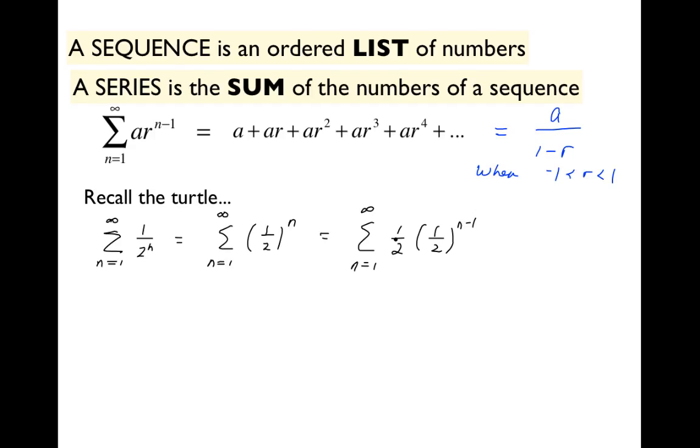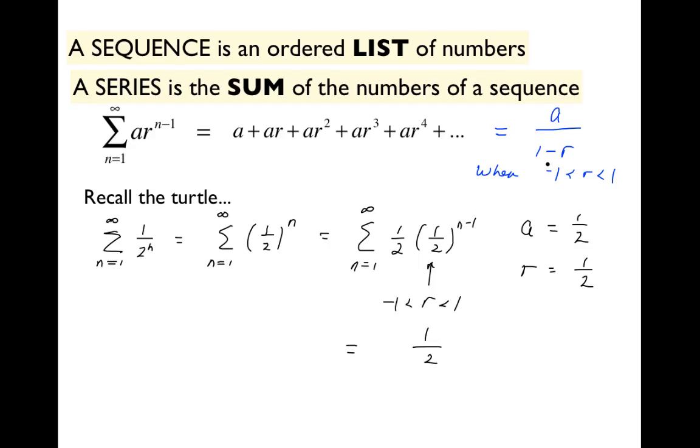Okay. Now is this of this form exactly? Yep, exactly of this form. A equals 1/2. R equals 1/2. Will this converge? Yes, because that's our R, and it's between 1 and -1. What does it converge to?